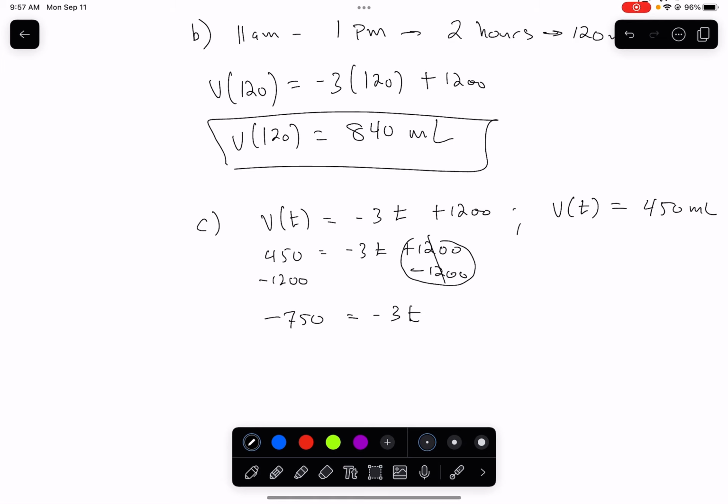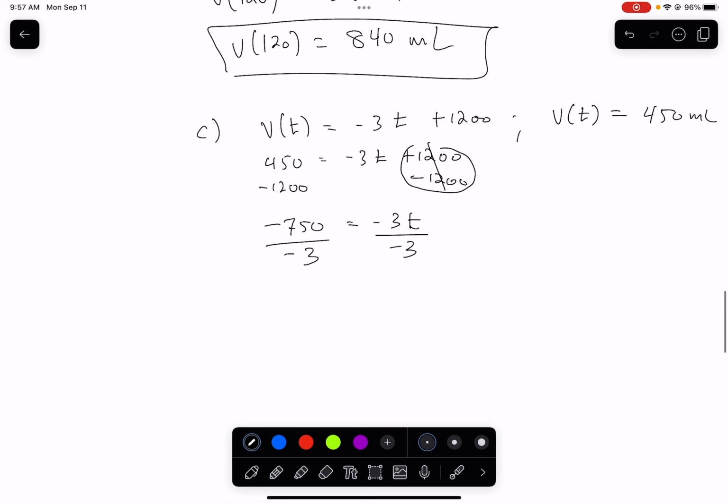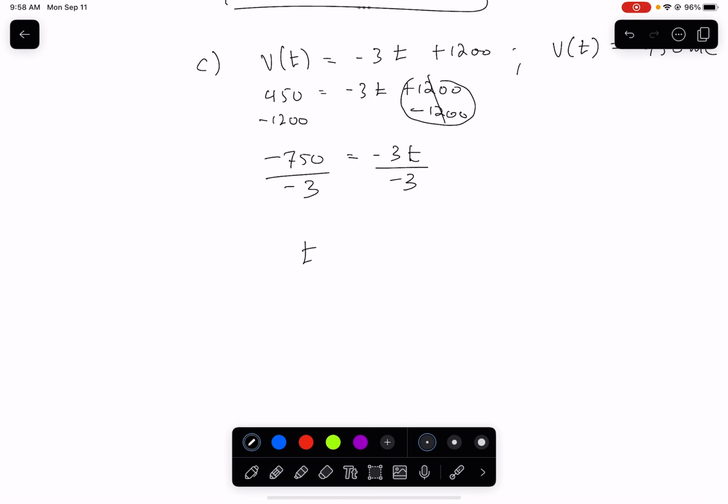I'm interested in getting T by itself. What is -750 divided by -3? Kepler? 250. So T is going to equal 250 what? What's T stand for? Time.